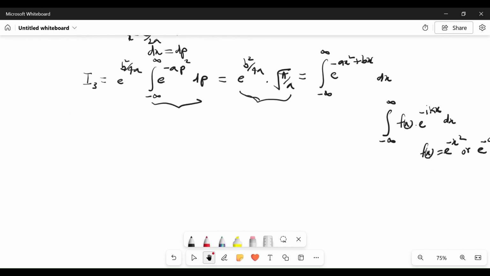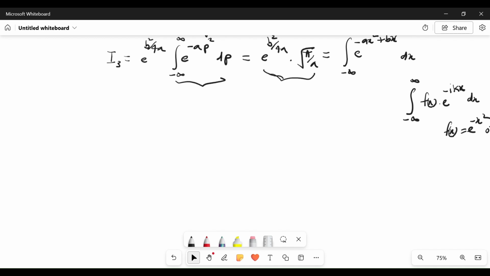So we have learned 3 results here. I'll just write the whole expression. The first one was the integral from minus infinity to infinity of e raised to minus x square dx, which was equal to root pi. From here we said that the integral from 0 to infinity of e raised to minus x square dx was root pi by 2, because this curve was symmetric with respect to the y-axis.